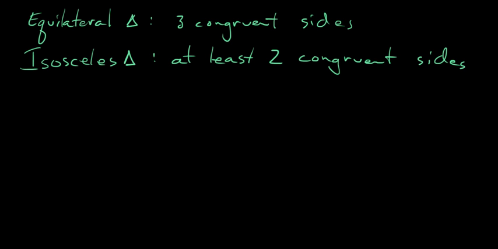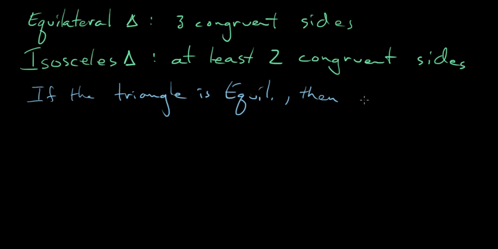So we're going to make a statement here. If a triangle is equilateral, then it is isosceles.